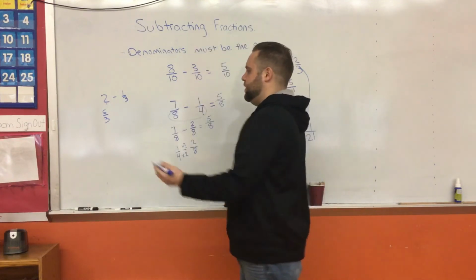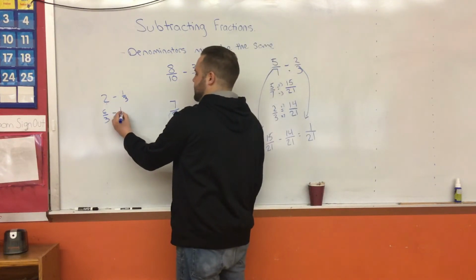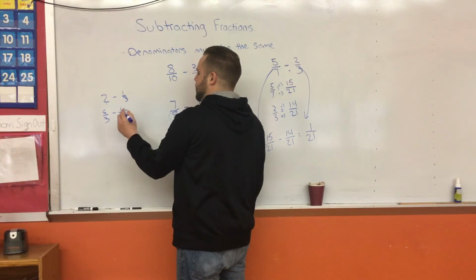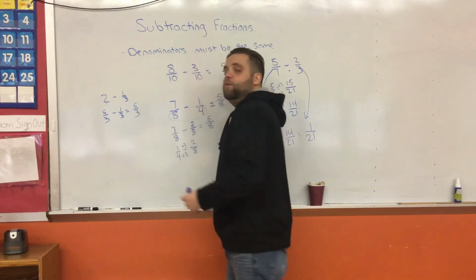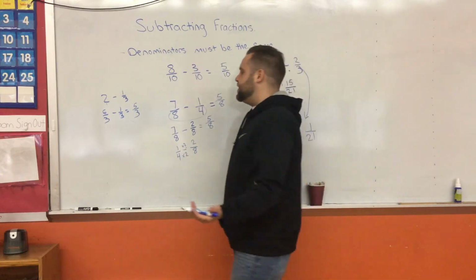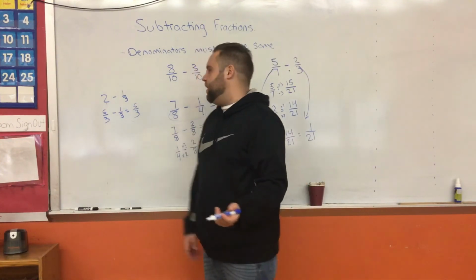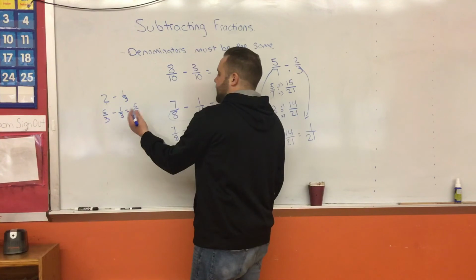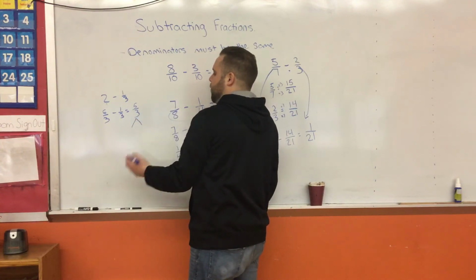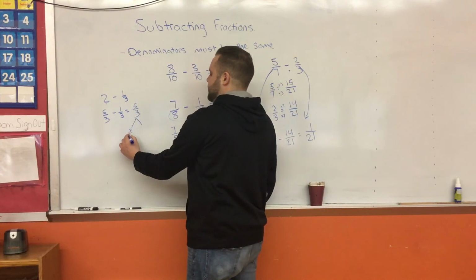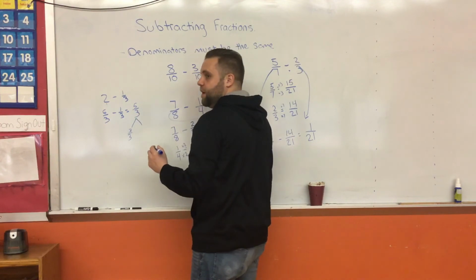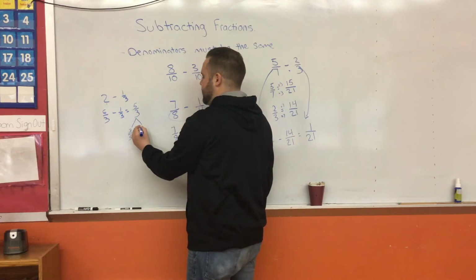So then you do 6/3 minus 1/3, which equals 5/3. And while we're at it, let's review how to do a mixed number. Number bond. Take out 1 whole, which is 3/3. And then what's left over from there? You got it, 2/3.